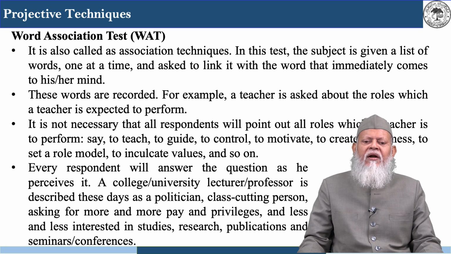These words are recorded. For example, a teacher is asked about the roles which a teacher is expected to perform. Whatever comes to his mind, he says, that is recorded, and that is the data you have collected about the role of the teacher in the mind of that respondent.